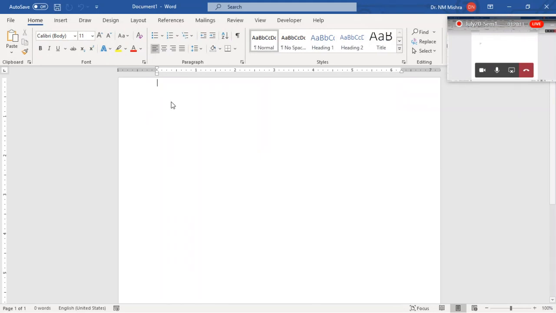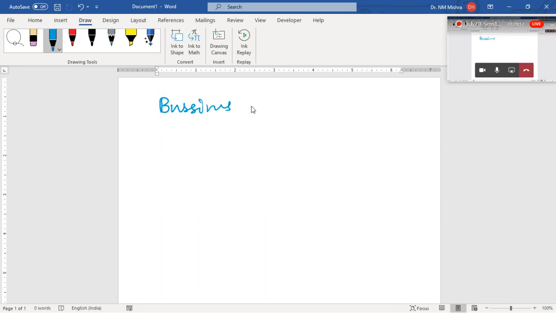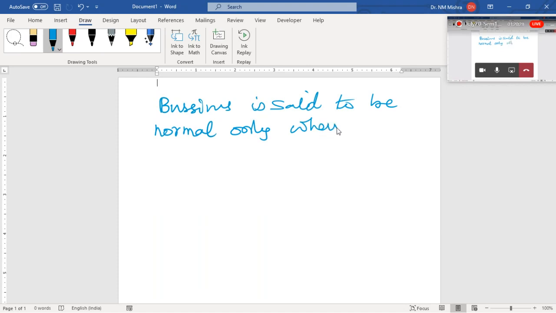The most important learning of the day, please note down: a business is said to be normal only when, number 1, mean is equal to median is equal to mode. Am I clear?